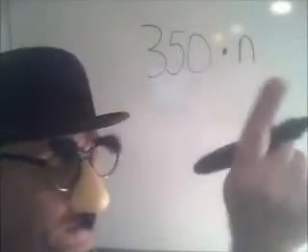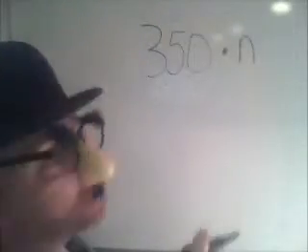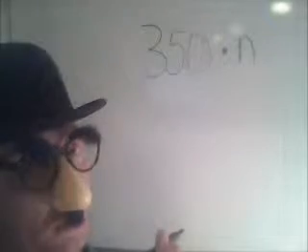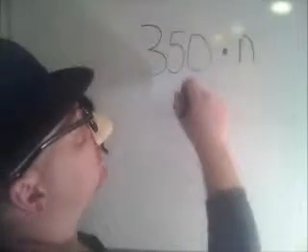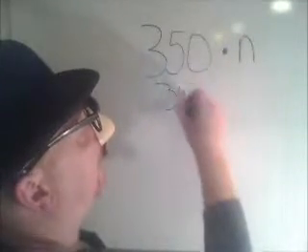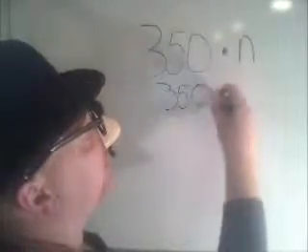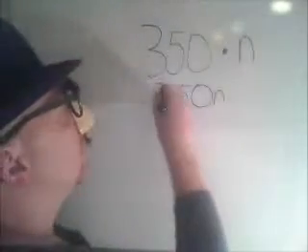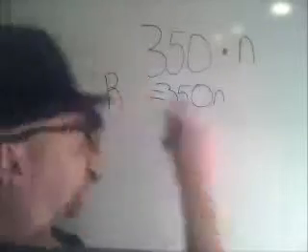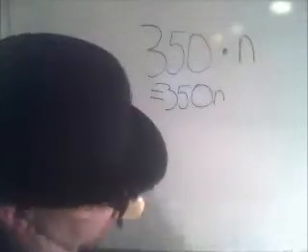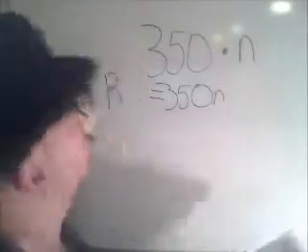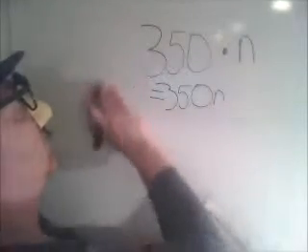The convention among mathematicians is we take this dot out, which means multiplication, and just write 350N equals revenue. Are those the variables they want us to use? Those are the variables, except the one in lowercase r.